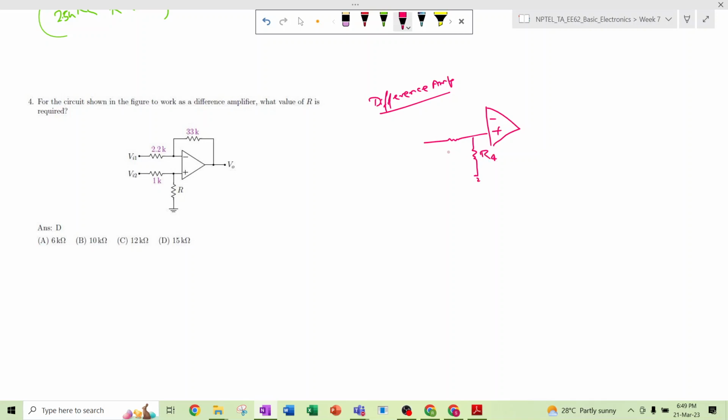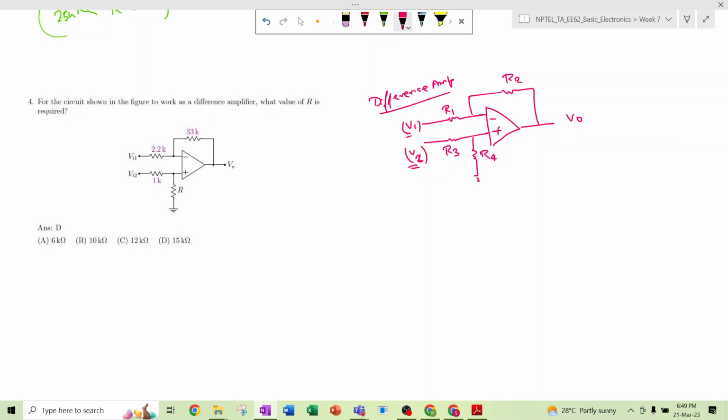Suppose this is R4, this is R3, this is V2, this is R2, this is R1, and this is V1. We are applying V1 voltage over here and V2 voltage over here: V1 in the inverting terminal, and V2 in the non-inverting terminal.